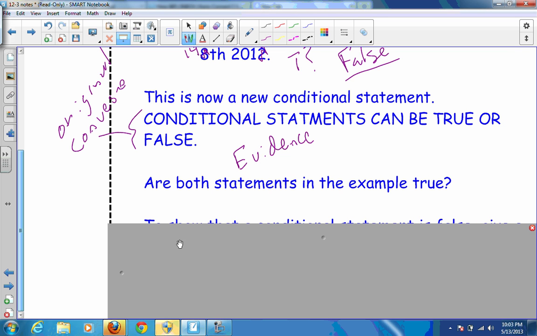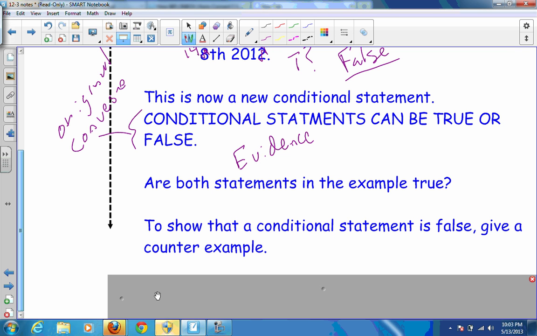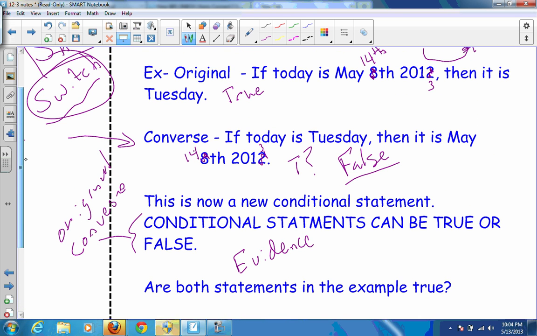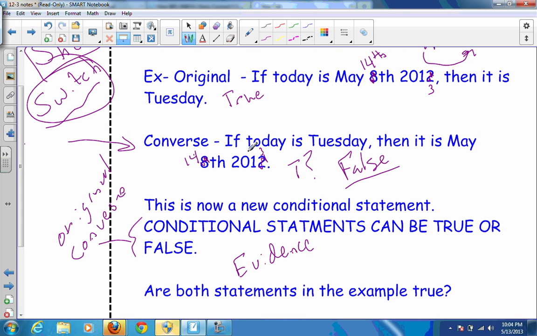When we want to prove that something is false, we are going to give a counter example. The counter example is an example that shows the opposite. So we can go back and use the same statement: if today is Tuesday, then it's May 14th, 2013.